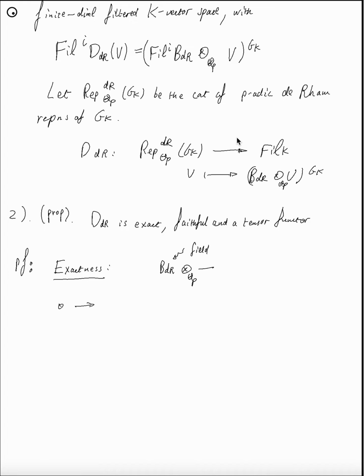So if you have an exact sequence of de Rham representations, then obviously you have the exact functor, and then you take the point fixed by G_K, that is left exact, and so together it gives you left exactness.